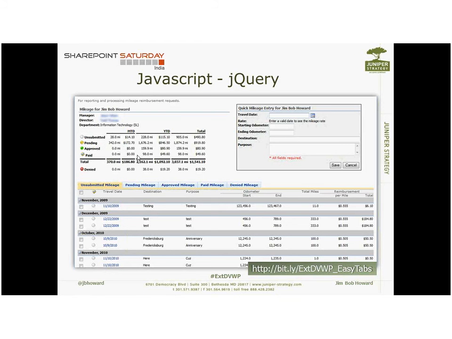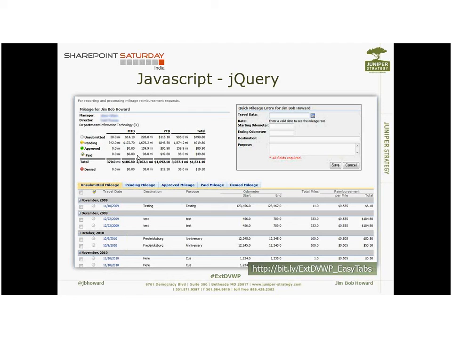Down at the bottom, you'll see that I actually have 5 separate tabs on here. All of that is done by jQuery. And the bit.ly one with the easy tabs, that actually takes you to Christophe Humbert's page. He's a brilliant guy. He's from France, lived in Shanghai, now he's back in San Diego.